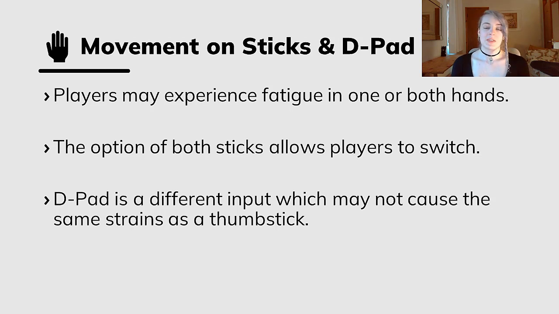Players said they wished they could have movement on the other stick and the D-pad, because they might experience fatigue in one or both of their hands. By having movement on both sticks, it allowed the player to switch thumbs if one was getting fatigued. Also, the D-pad is an entirely different kind of input, which may not cause the same strains as a thumbstick. So this was a change that we implemented.